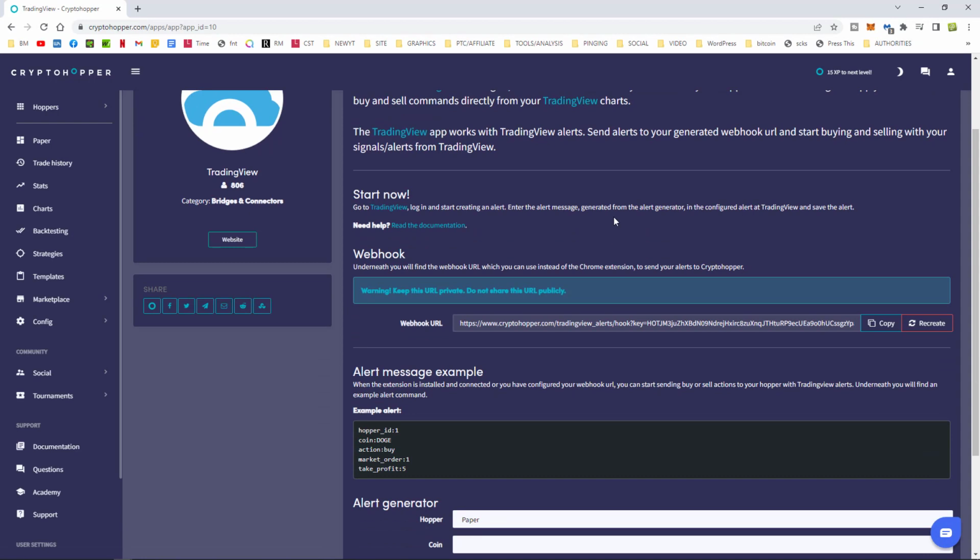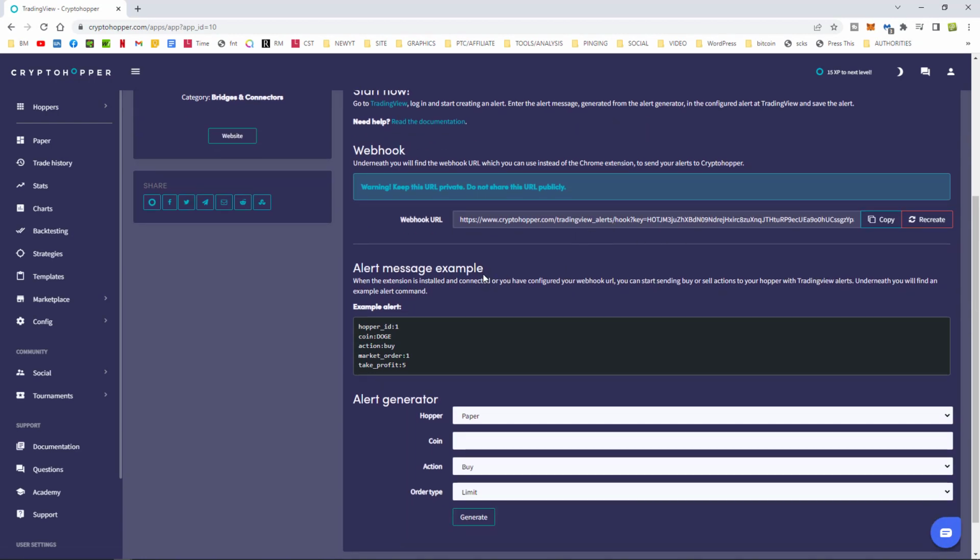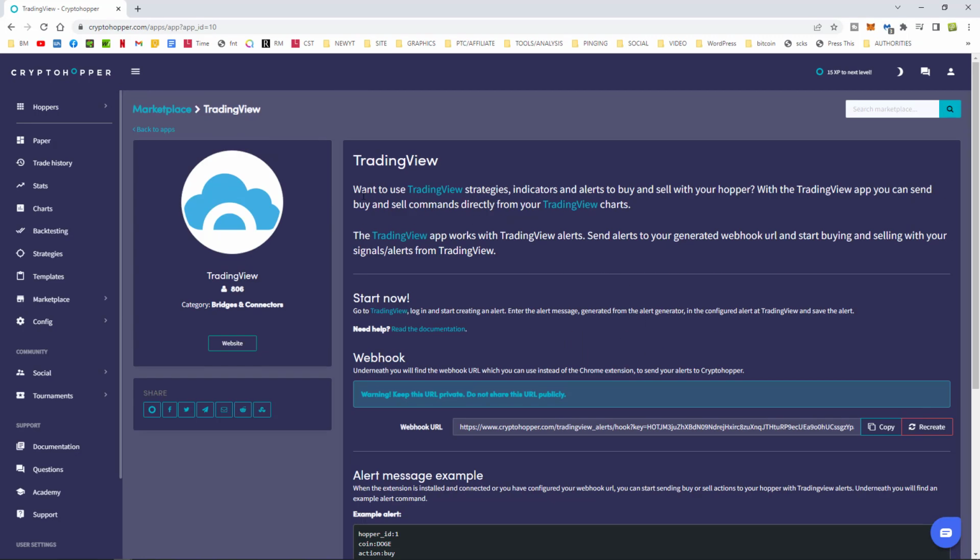Now then, I haven't done this for a few months either. Okay, so now let me explain this. Want to use Tradingview strategies, indicators and alerts to buy and sell with your hopper? With the Tradingview app, you can send buy and sell commands directly from your Tradingview charts, which is exactly what we're going to do.